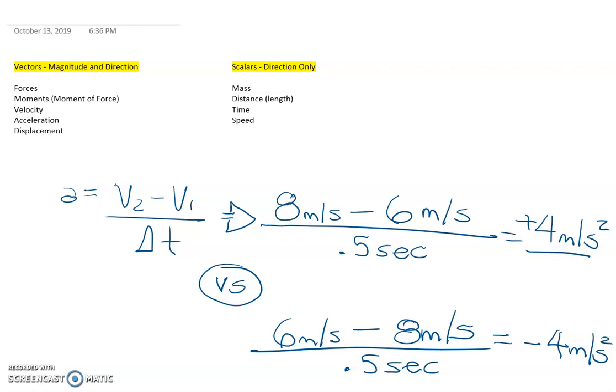Whereas if you're going first at 8 meters per second and then at 6 meters per second, within this period of time, you must have slowed down, in which case we would have an acceleration of minus 4 meters per second. So the magnitude is the same, but the direction is opposite. Here you speed up, here you slow down.